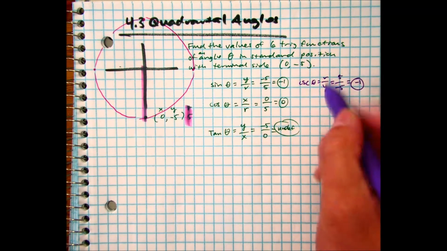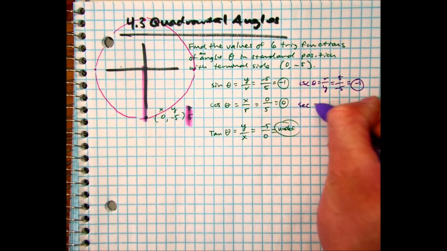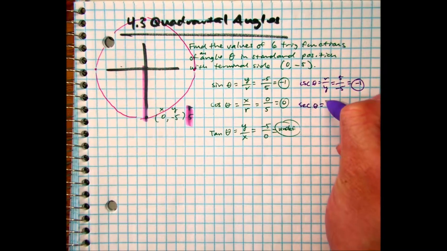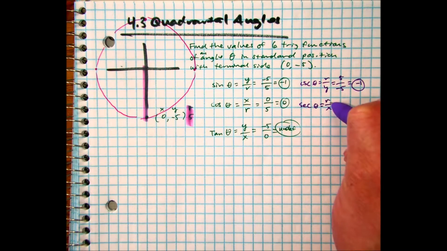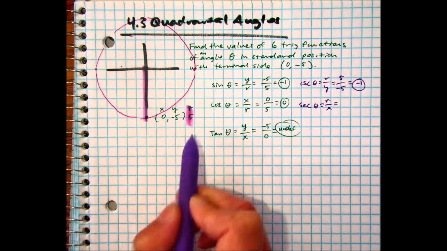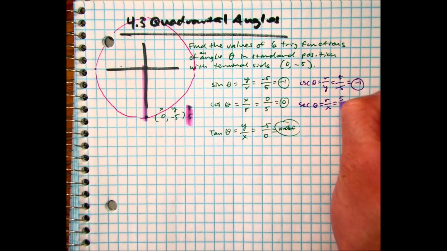Mark, what's the next trig function? Secant. What letters? R over x. Numbers? -5 over 0. Radius? R over x? 5. 5 over 0, which is?